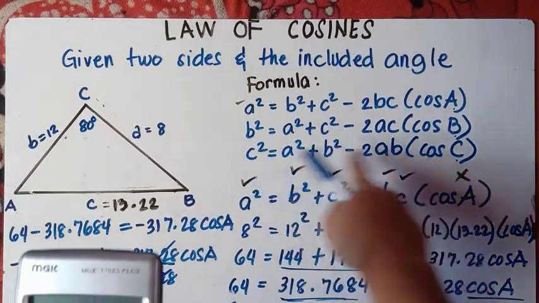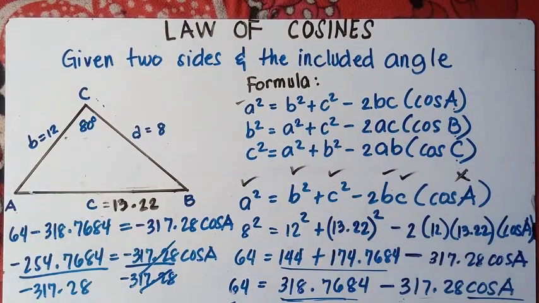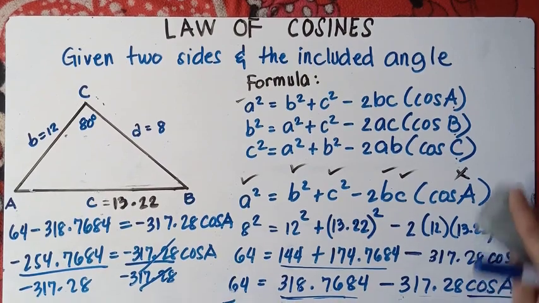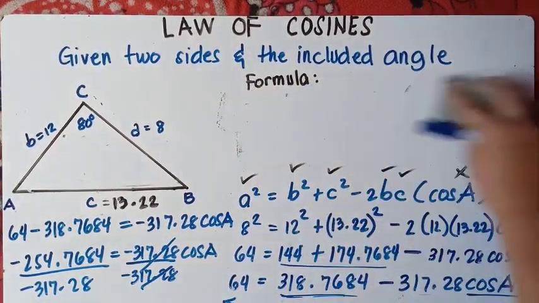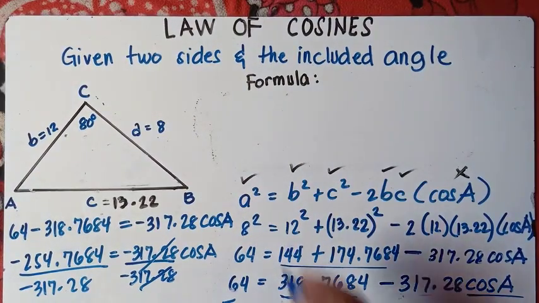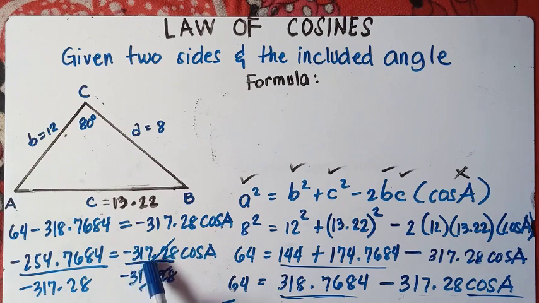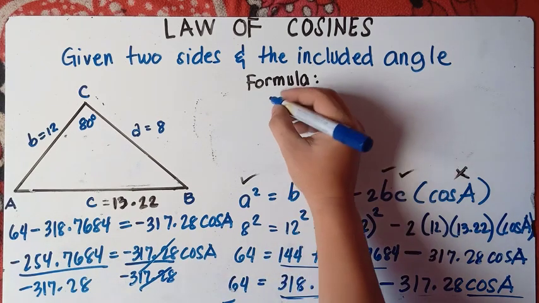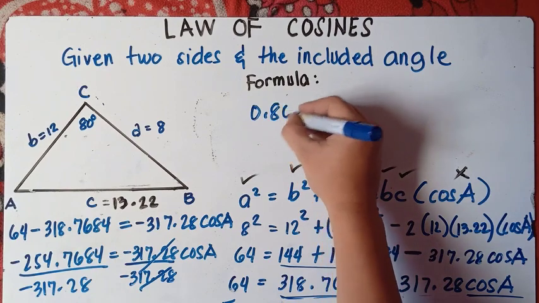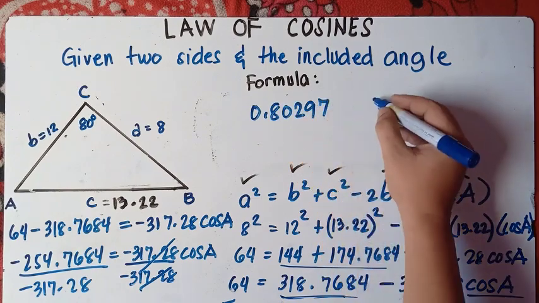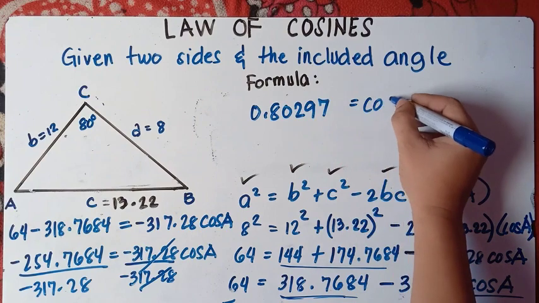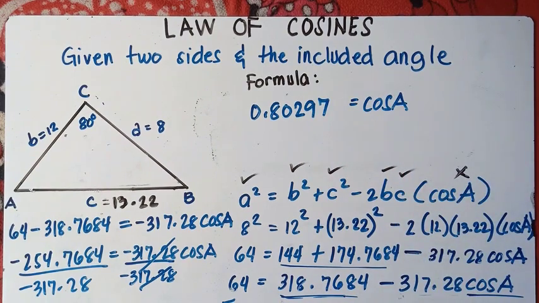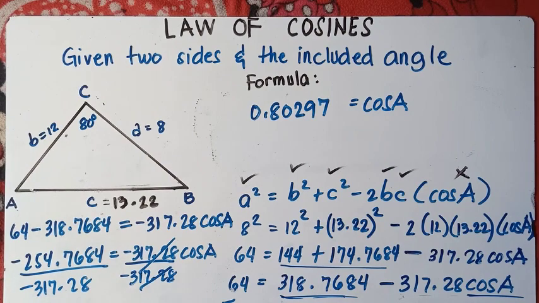Okay, let me erase this formula, class, on the top. Pause the video for you to really understand this one. Let me erase the formula because we don't have enough space. So when you divide negative 317.28 by itself, the remaining will be cosine A. Divide this one and your answer is 0.80297 equals cosine A. Do not forget, it's already positive because negative divided by negative is positive.